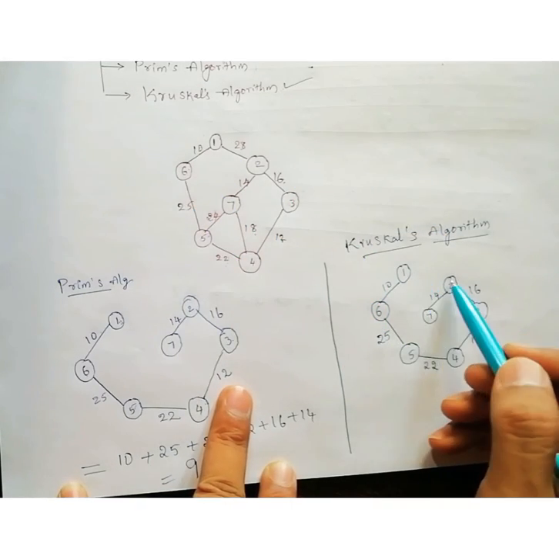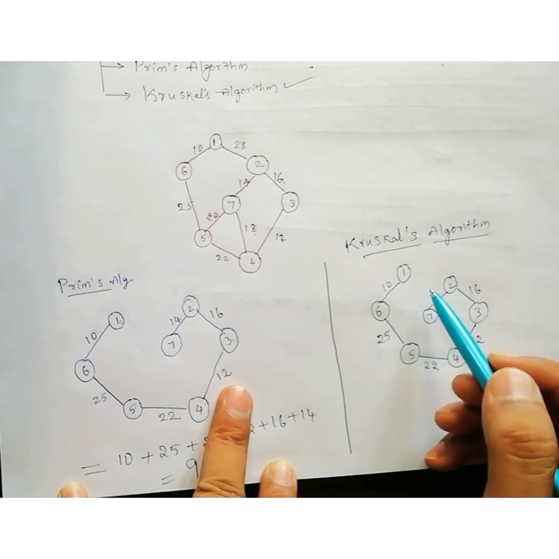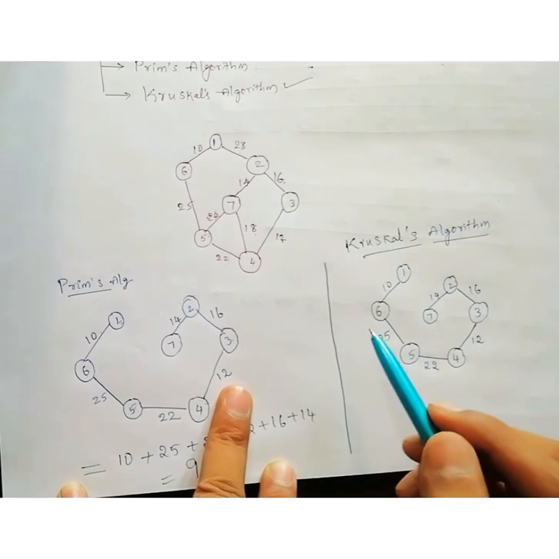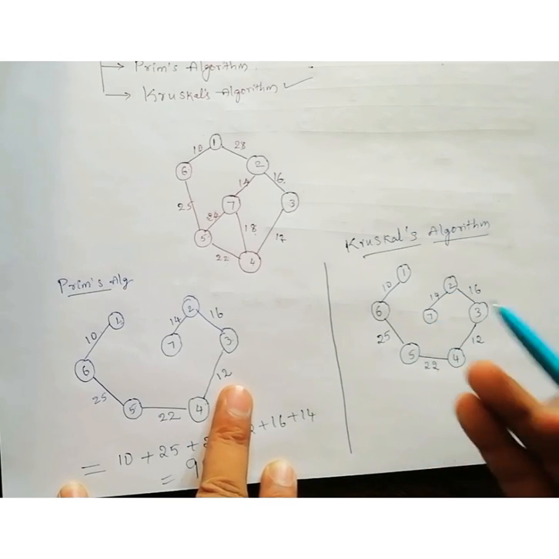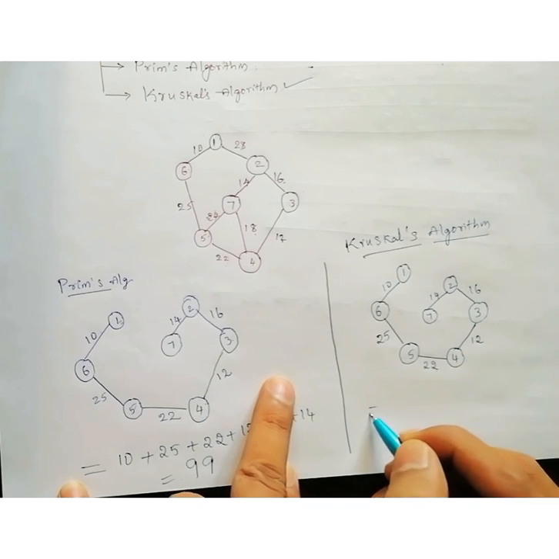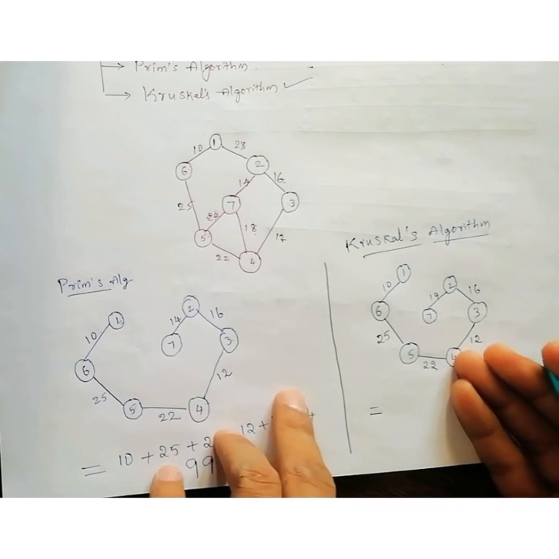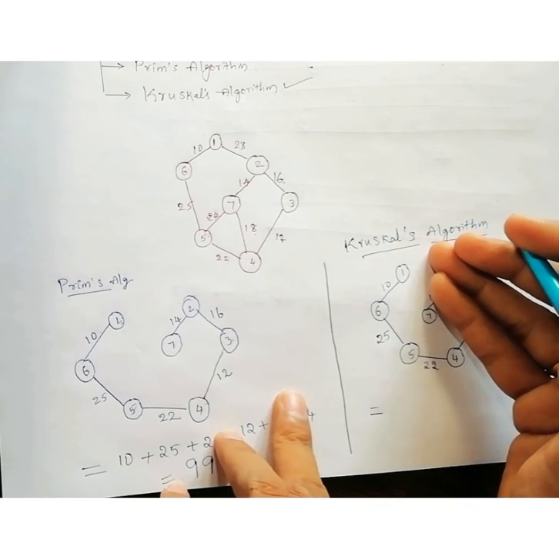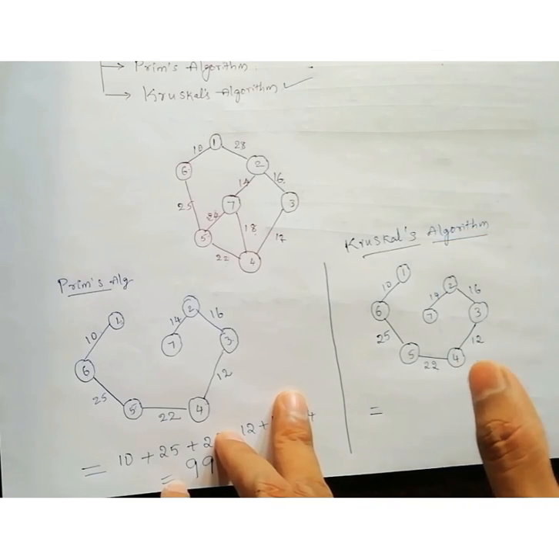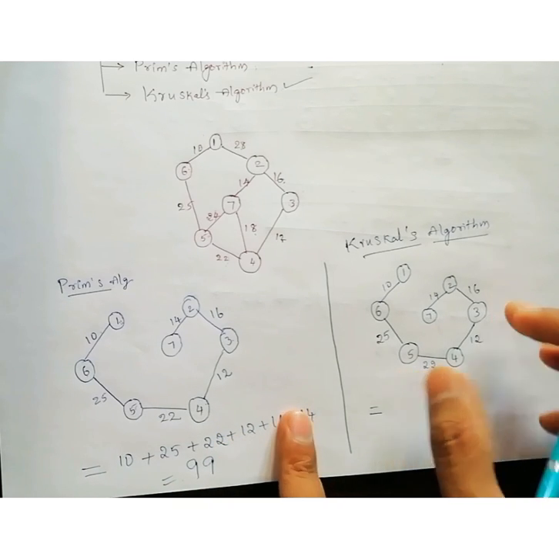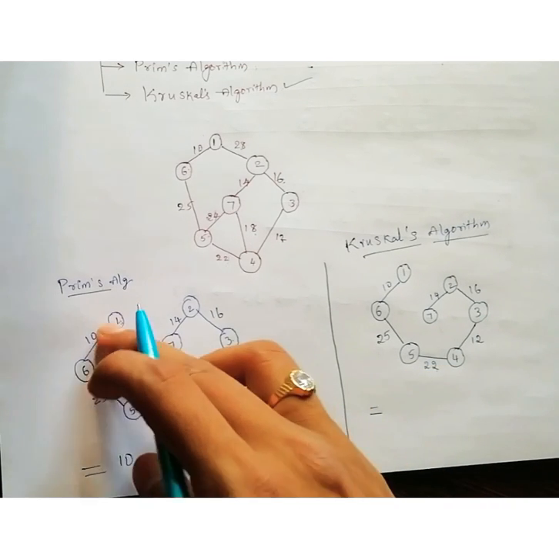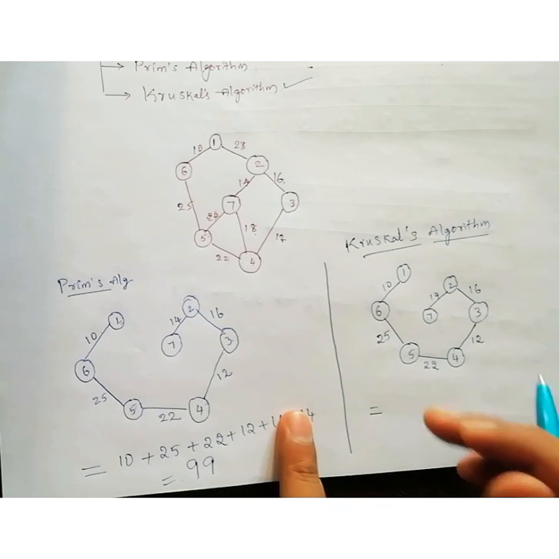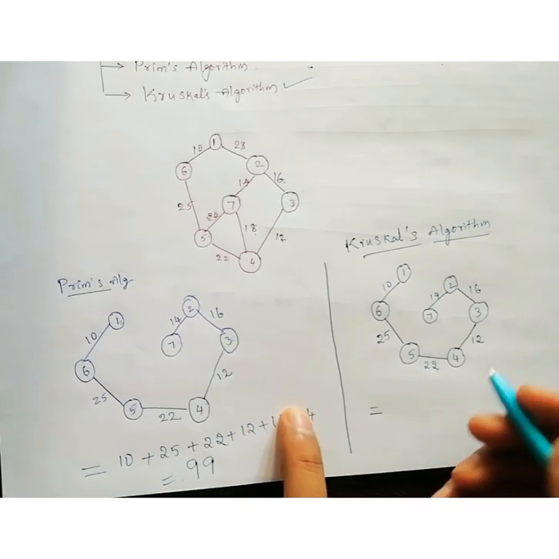If you consider 28, it is going to form a loop. So don't consider 28. So next, nothing is there. So stop the process and calculate the cost. So this is the minimum spanning tree for the given graph by using Kruskal's algorithm. Here we are always considering the minimum cost of the connected vertices. That's it. That is the difference between Prim's and Kruskal's.